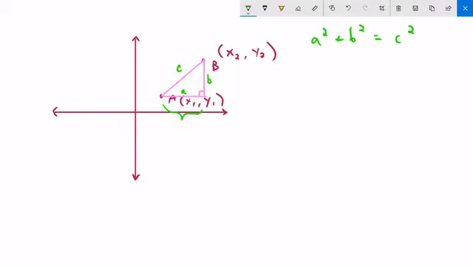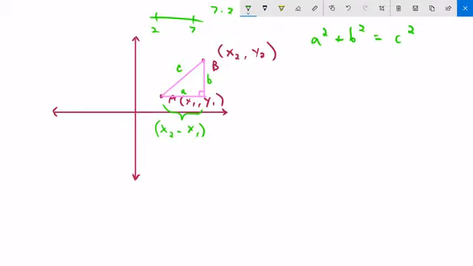So I would just subtract x1 from x2. This is the distance. Remember, on the line segment, we had 7 over here and 2 over here. We just went 7 minus 2, and that gave us the distance. So right here, we're going to take x2, because that's our second point, and subtract x sub 1. That's going to be our distance right here.